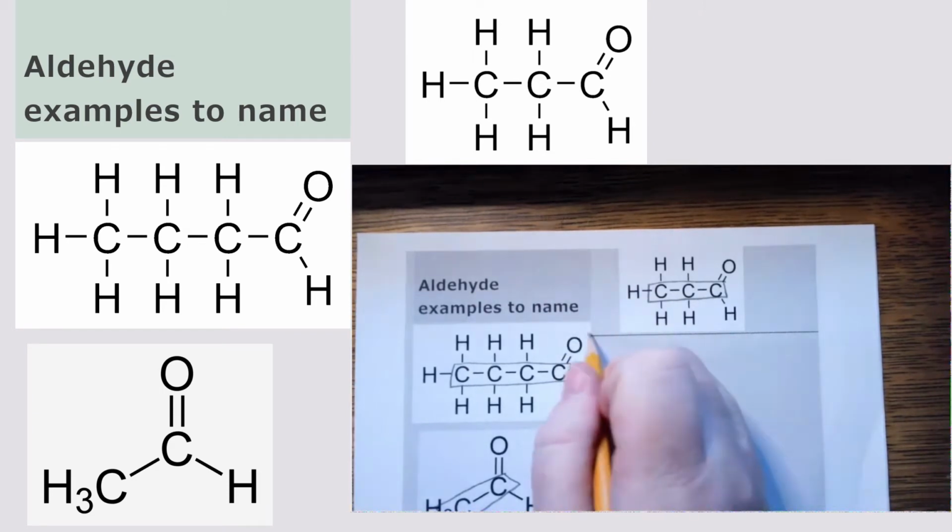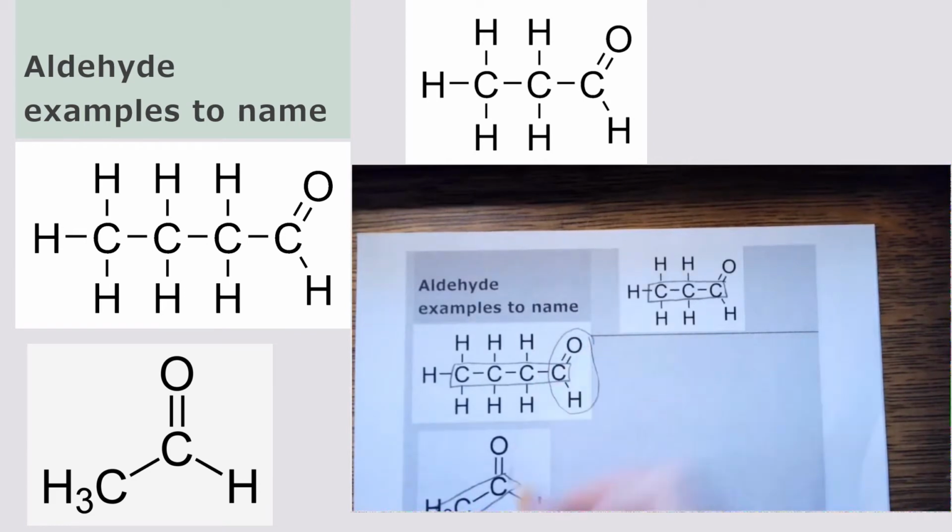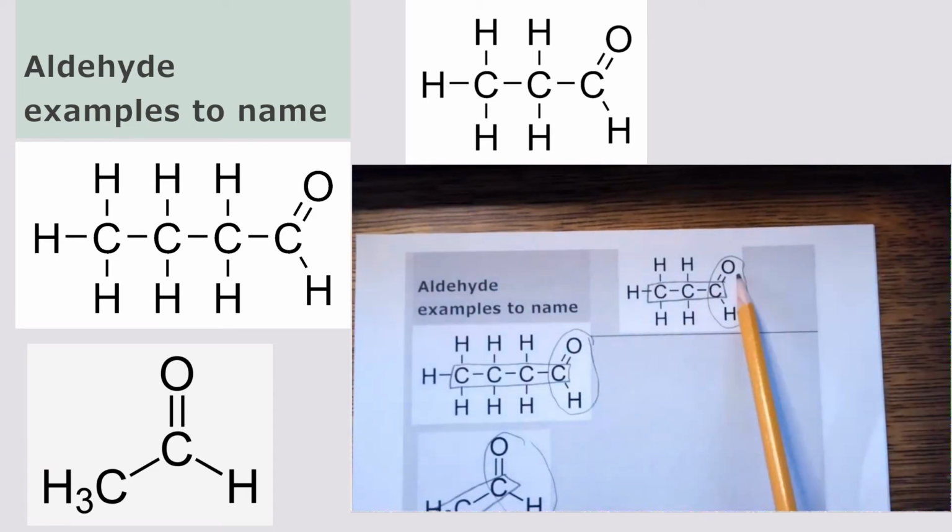So this, when it's stuck at the end, that whole thing becomes that functional group. So this, right? The C double bond O with an H. It's stuck at the end, so it's just that group at the end. So all I do is name the number of carbons, and I don't have to put an address because I know it's at the end.